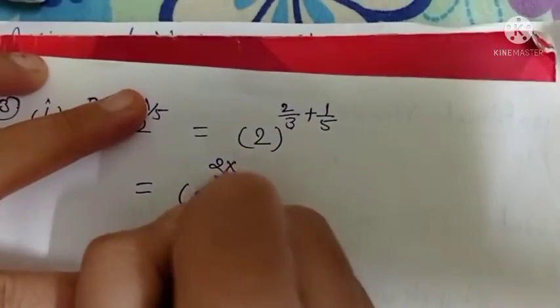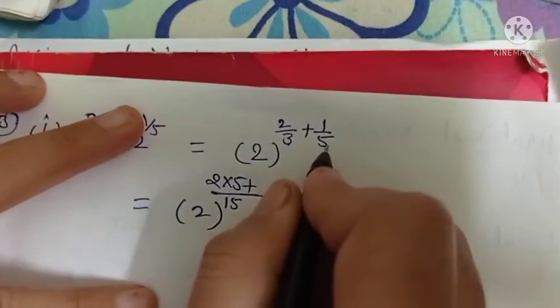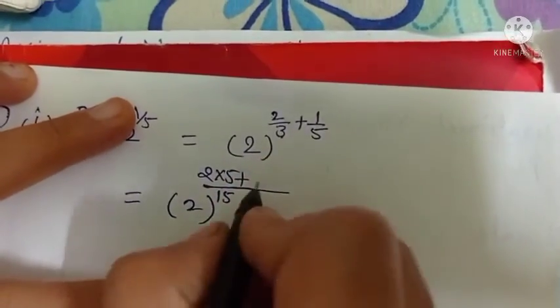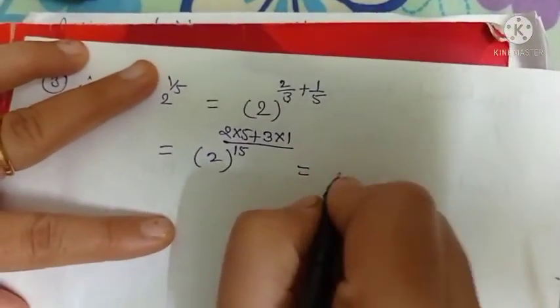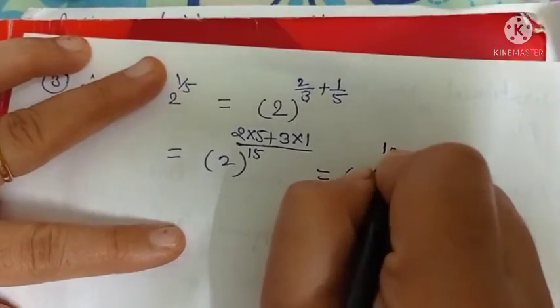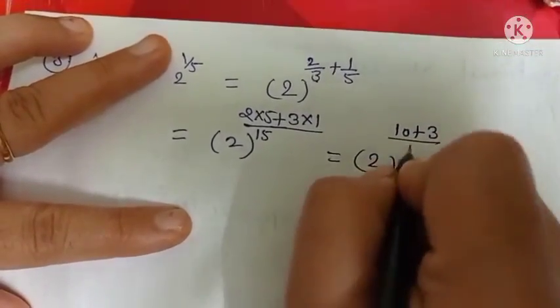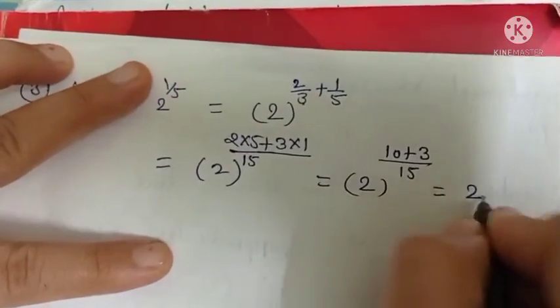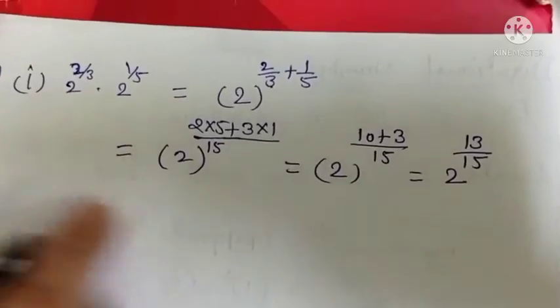So 2 into 5 plus, and 15 is divided by 5 three times, and 3 is multiplied by 1, then 3 into 1. So 2 the power 5 into 2 is 10 plus 3 into 1 means 3 upon 15 becomes 2 the power 13 upon 15. This is the answer of this question.